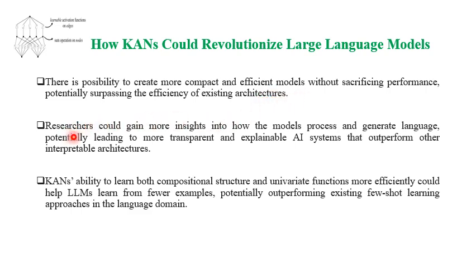Another issue is that researchers could gain more insight into how the model processes and generates language. This can help us to have a transparent and explainable neural network, and this can contribute to developing large language models and interpreting their behavior.